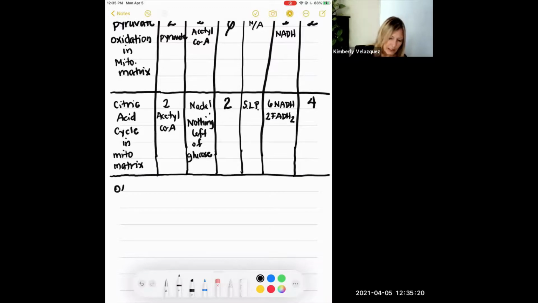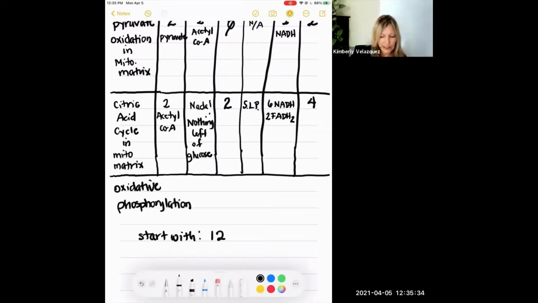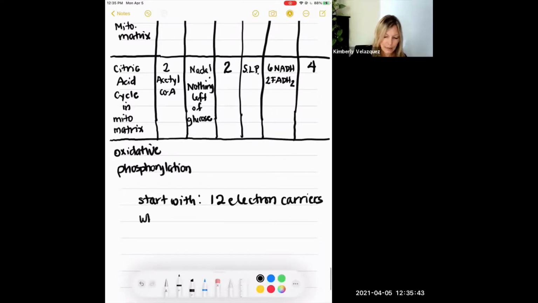So oxidative phosphorylation, if we had to fit it in the chart, we would say we start with the 12 electron carriers. Where is this happening?